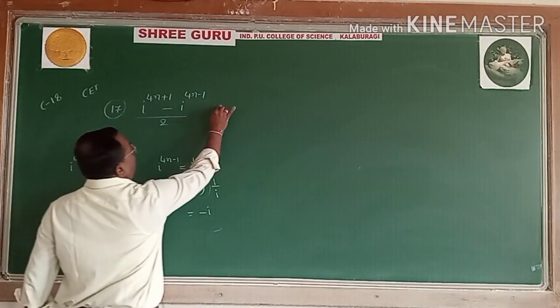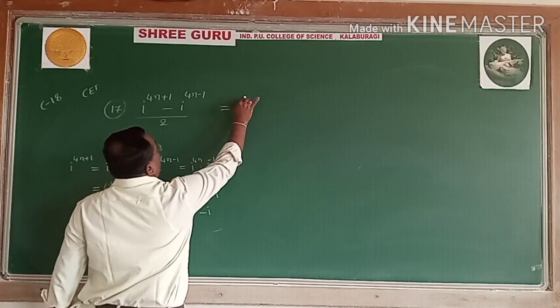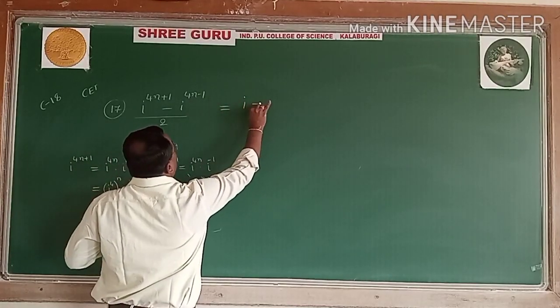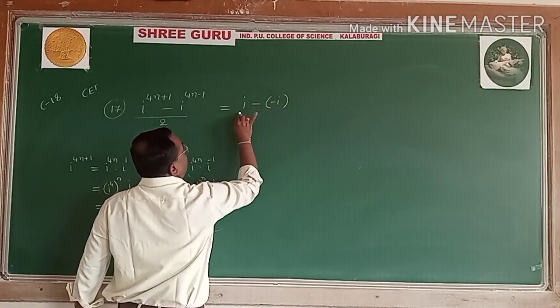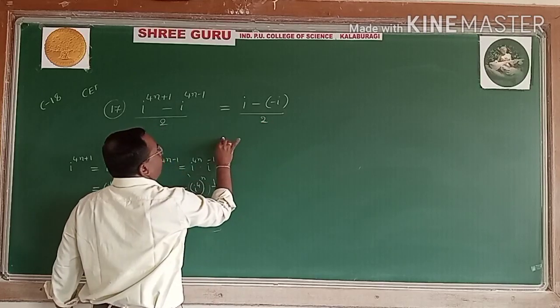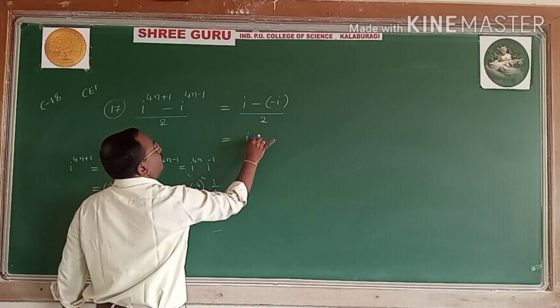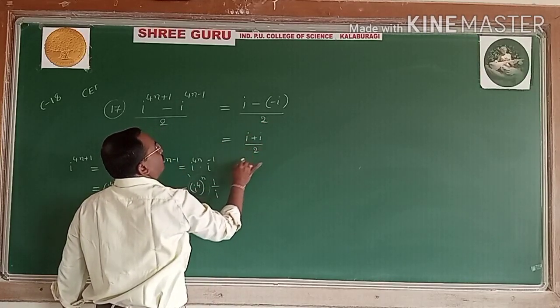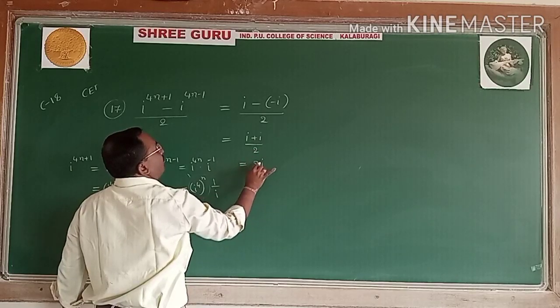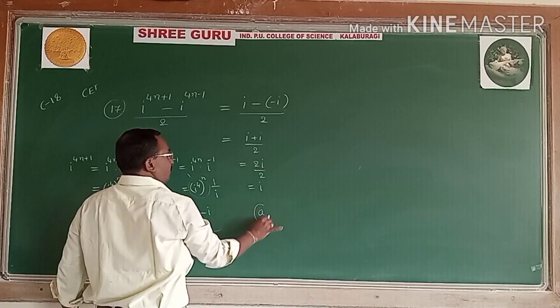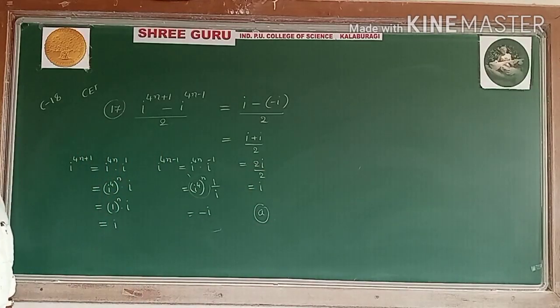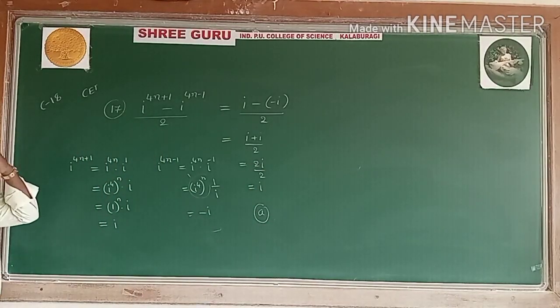This can be written as i minus of the second one, which is minus i, divided by 2. Minus minus is plus, so i plus i is 2i. 2i by 2 is i. That is the first option. The first option is the answer.